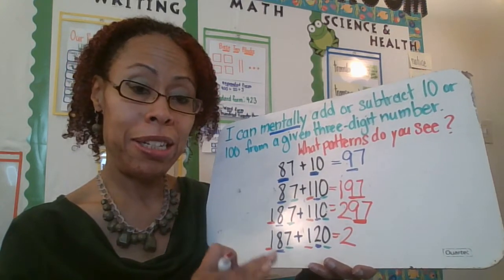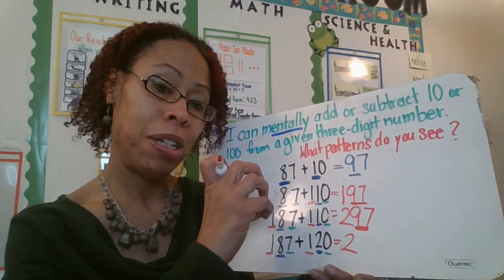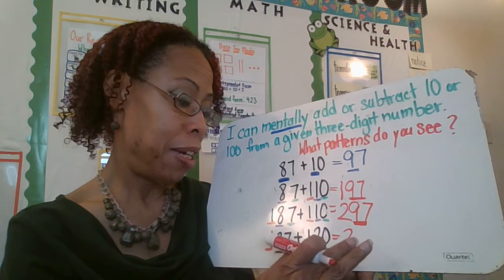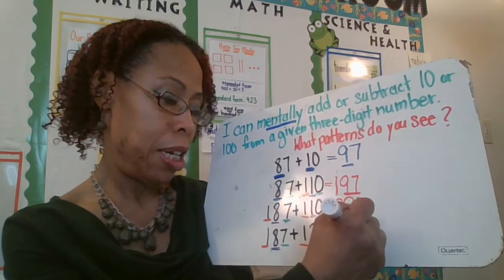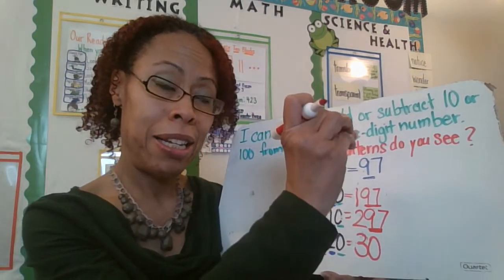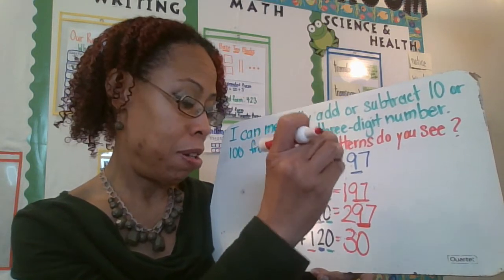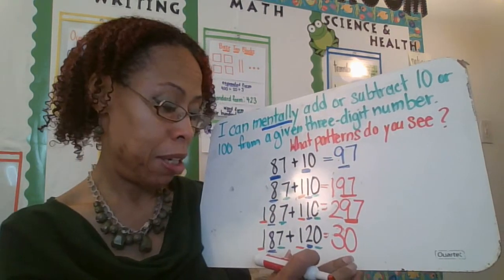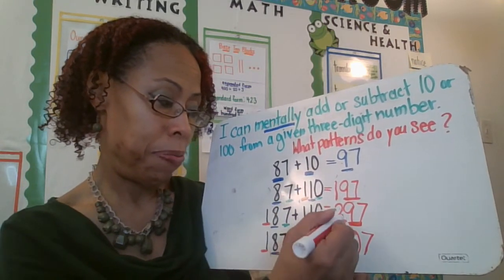Remember, when you have 10 tens, you need to bundle them and rename them into 100. So now the 100 changes here, and since we bundled the one set of tens, now there are 0 tens remaining. And then, of course, we keep the 7 the same.